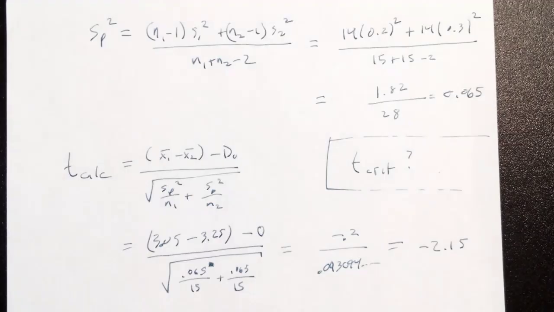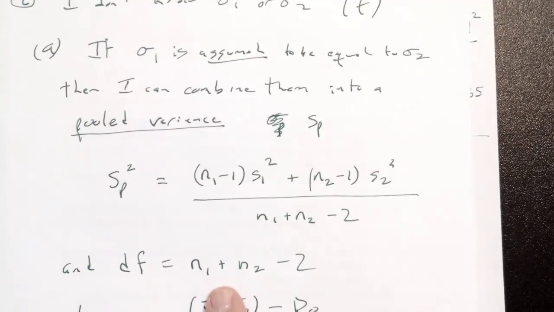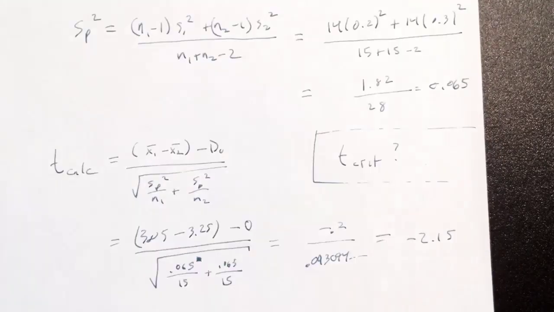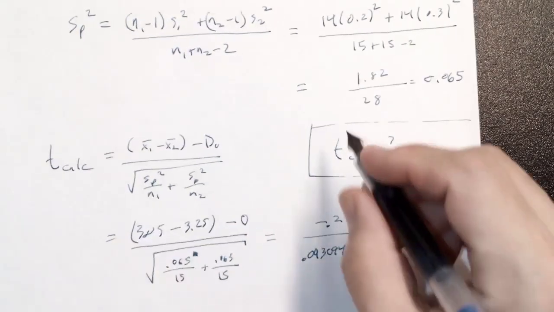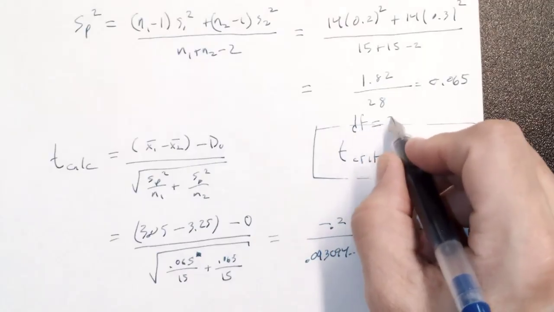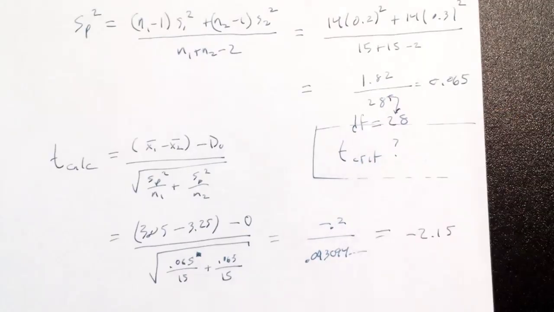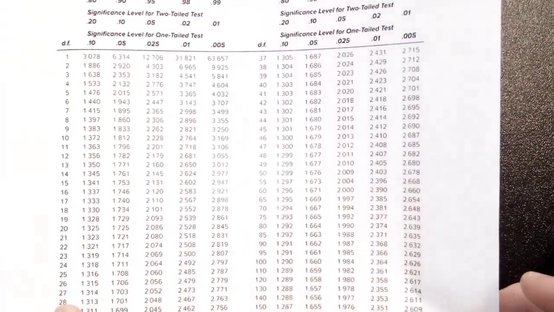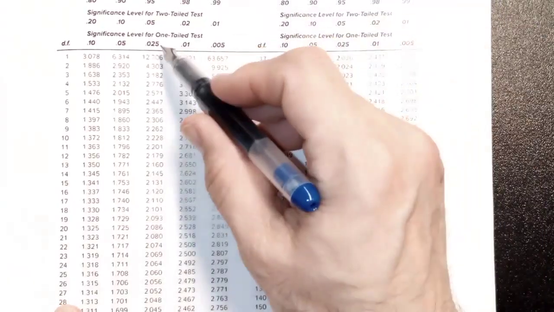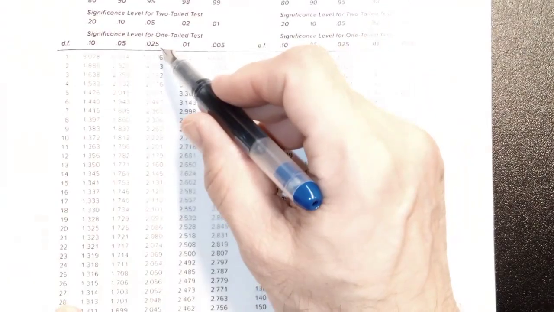Degrees of freedom is total population minus 2, 28. It's the same as the denominator in our pooled variance calculation. So up here, DF is 28. Now, I go to the 28 line, and I wanted 0.025 for a one tail. That's the third column. 1, 2, 3, 2.048.